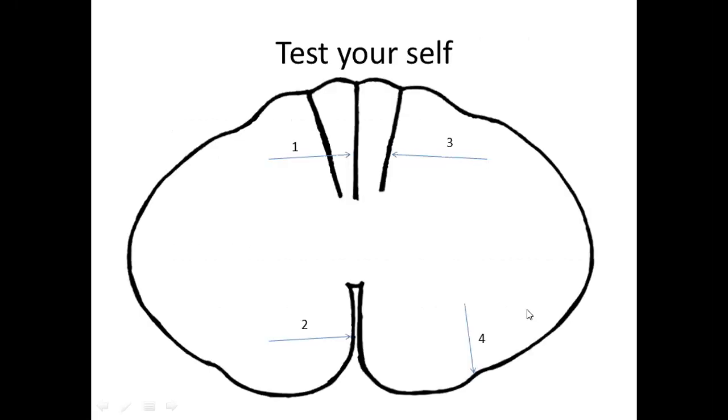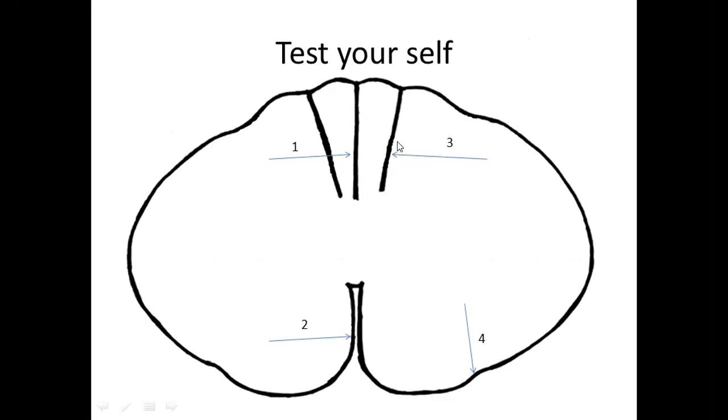Now test yourself. Number one here is the posterior median septum. Here the posterior median sulcus, and extending from it the septum called the posterior median septum. Number two, yes, anterior median fissure.